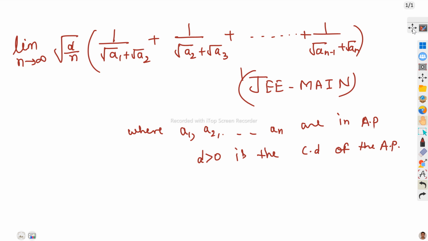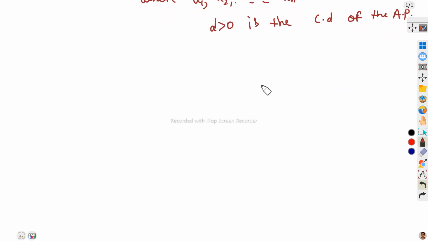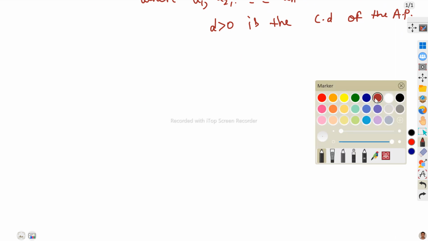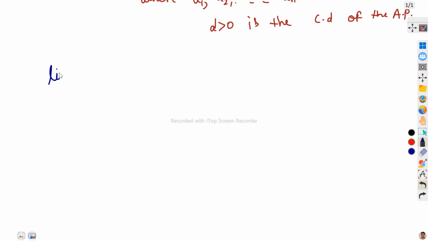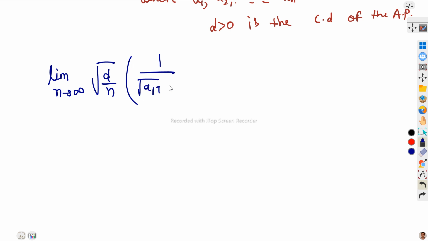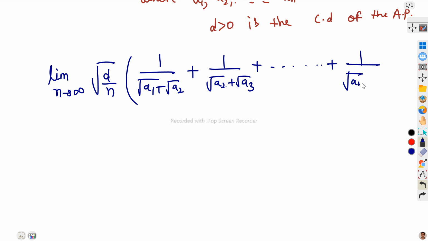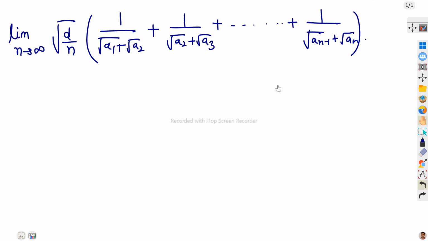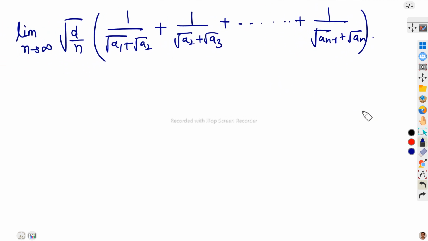First of all, we are going to rationalize. We have given the limit as n tends to infinity of square root d upon n, and this is 1 upon square root a1 plus square root a2, plus 1 upon square root a2 plus square root a3, plus ..., plus 1 upon square root an minus 1 plus square root an.